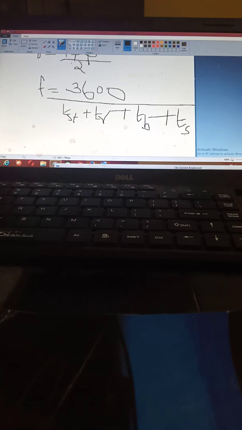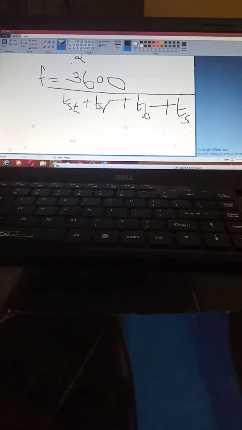And we know that if you reduce the loss during starting, braking and running, we will be able to increase the frequency. And how can you do this? How can you reduce the loss during starting, then running and braking? Some control techniques are required.